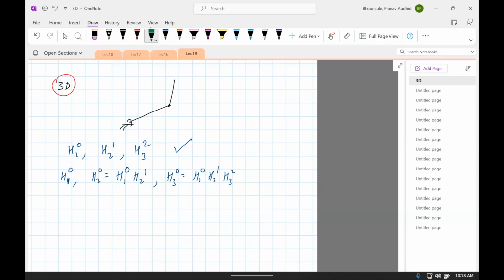Now, if you look at H10 closely, it'll actually give you R matrix 0, and then it'll give you the position O10, 1. This is basically the position of point P.